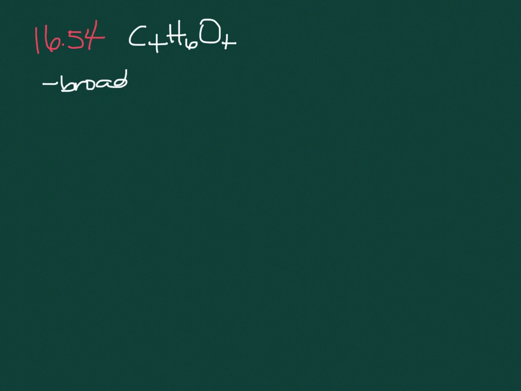Let's look at 16.54 in your text. So 16.54 says that we have a compound that has a molecular formula of C4H6O4. We have a broad IR signal between 2500 and 3600 wave numbers.